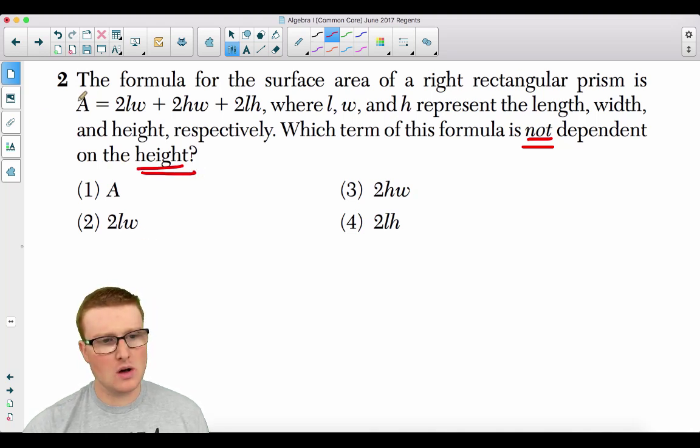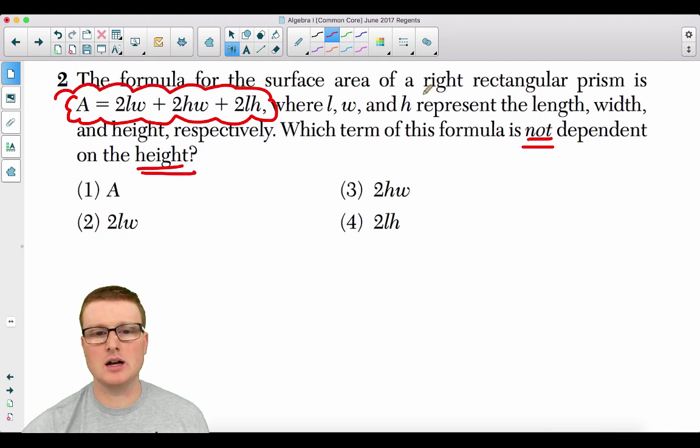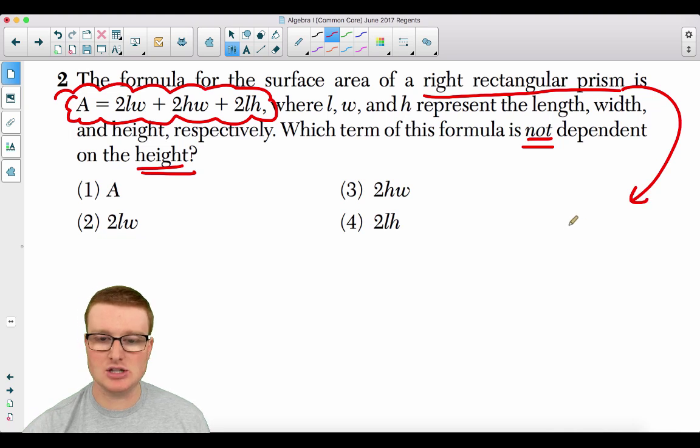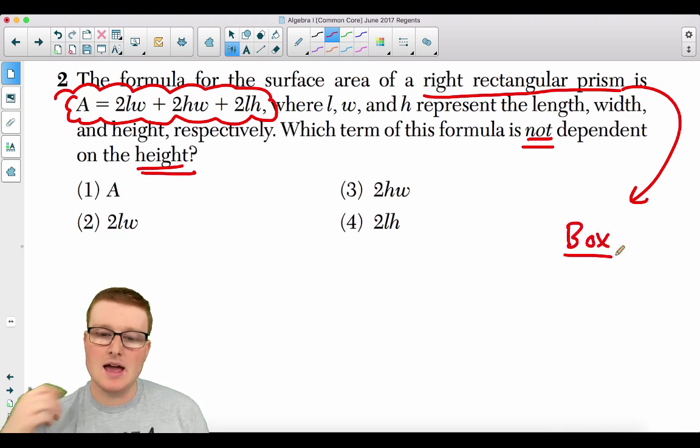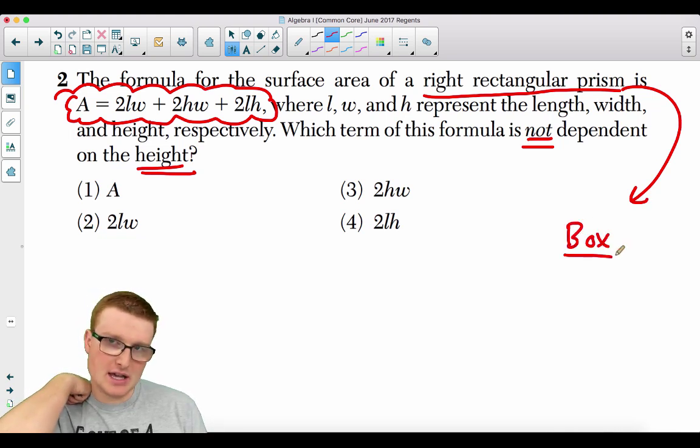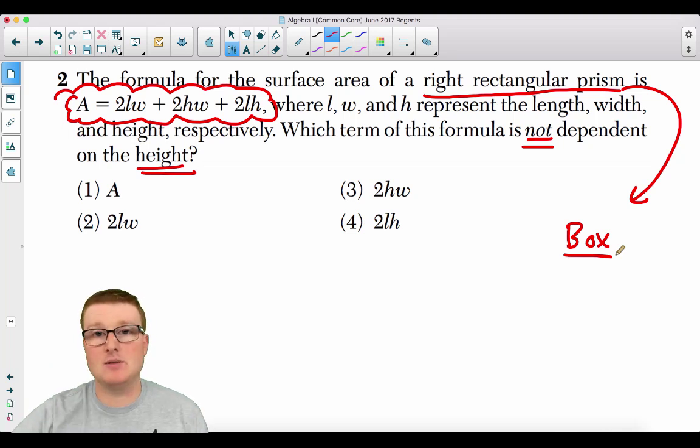This formula is the surface area formula of a right rectangular prism, which is essentially just a box. Think of yourself taking a box and wrapping it with wrapping paper for the holidays. This is the formula to get it.